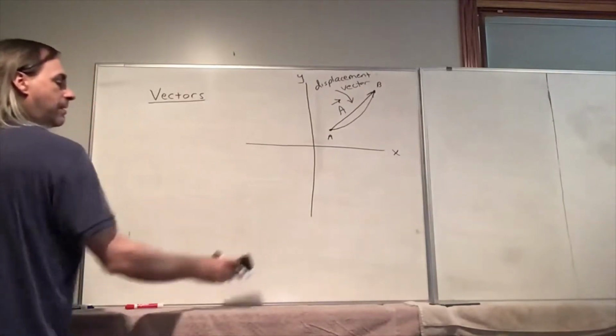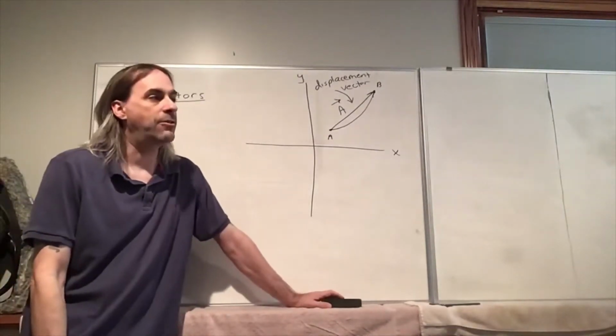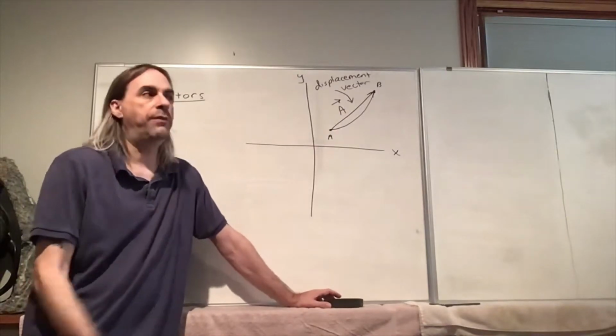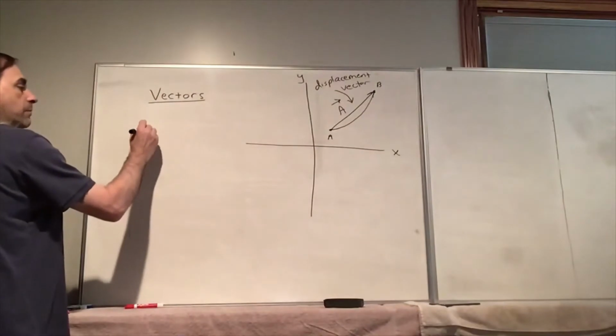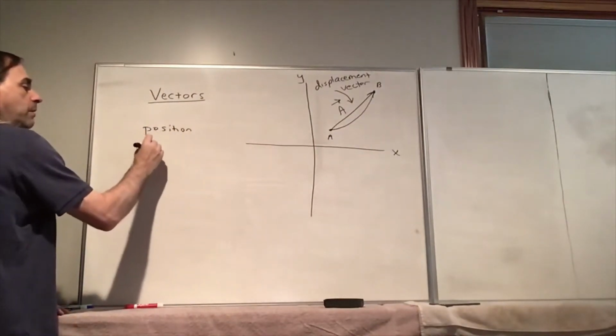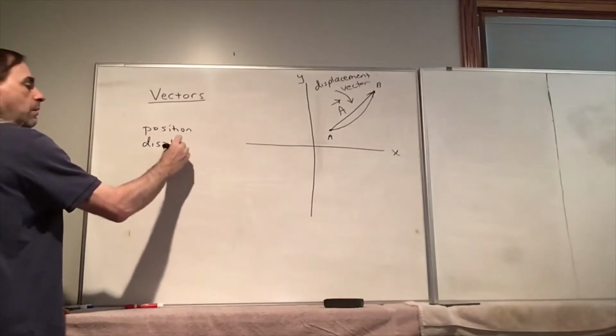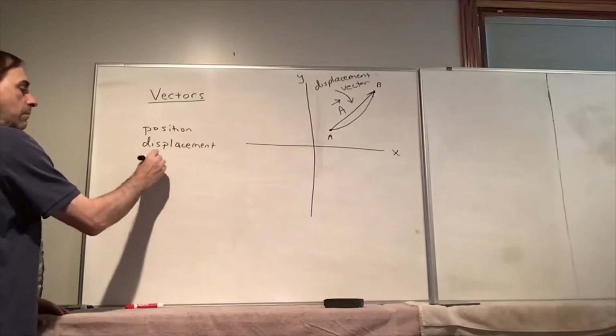It turns out that probably about half of the things that we deal with in this class are vectors. So if you go back to what we've done so far, we've talked about position, displacement, acceleration.